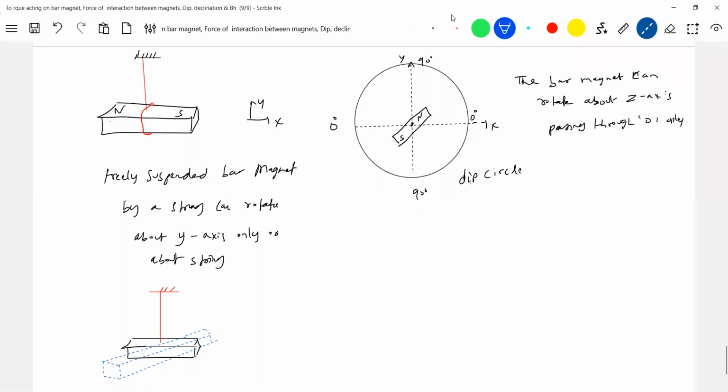Then in what direction will the torque act? I think I have to draw a better diagram. It's a small diagram.